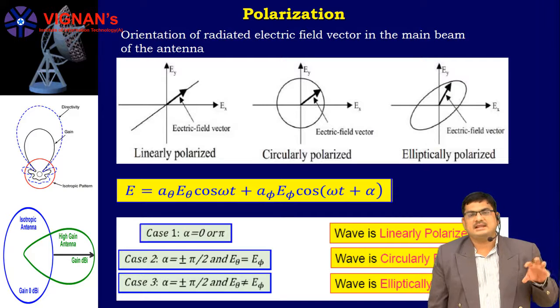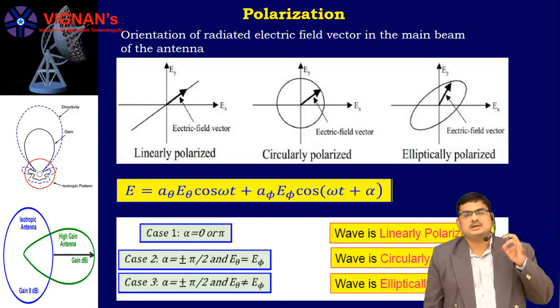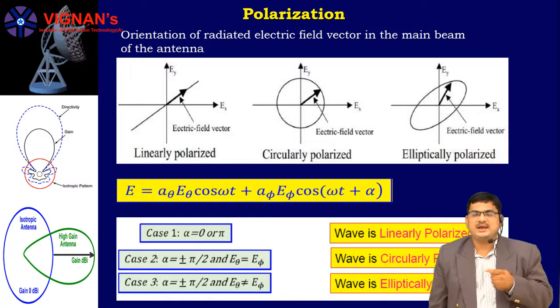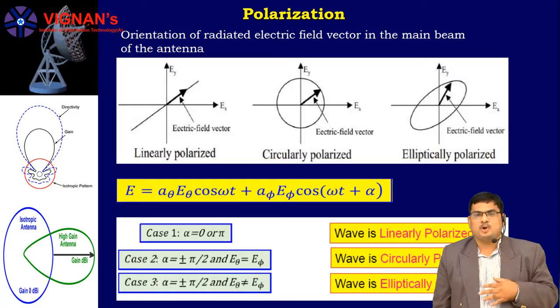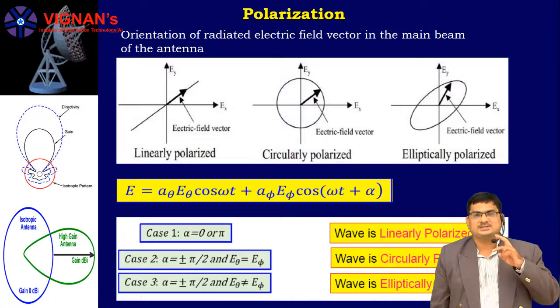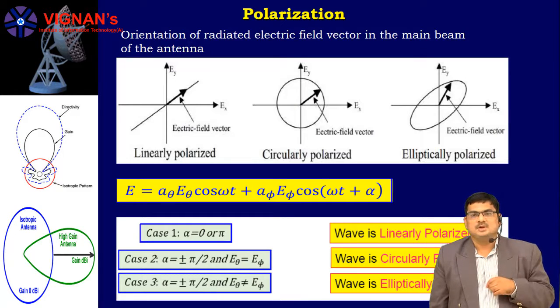If the electric field vector direction is anti-clockwise, it is left hand polarization. Circular polarization can be defined using the axial ratio. The axial ratio is the ratio of the major lobe axis to the minor lobe axis.